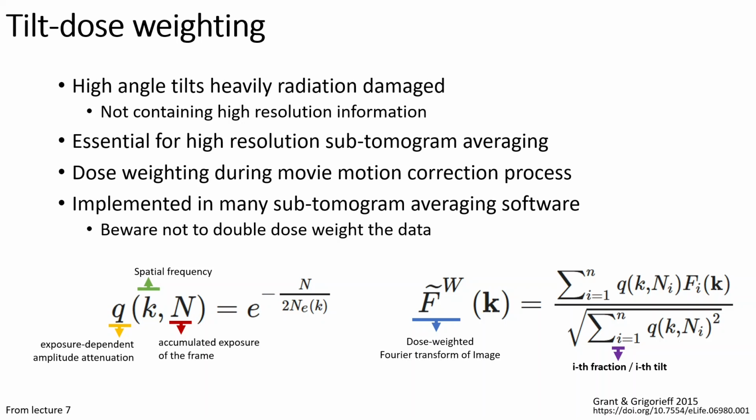And if we input this into software that does sub-tomogram averaging, many of them implement the dose weighting themselves, depending on which tilts they are working on, and therefore you end up with double dose weighted data, which would have extremely attenuated high resolution information and would not give you very nice high resolution results. So beware whether to input already dose weighted or non-dose weighted data, which will be dose weighted by the software itself.